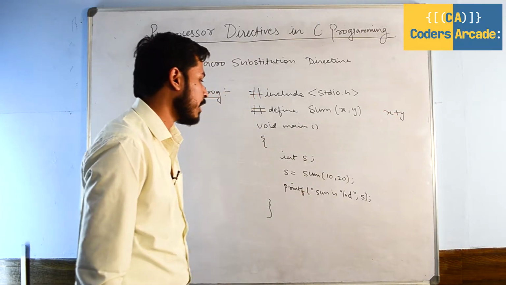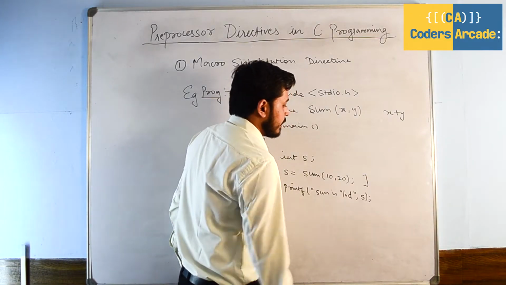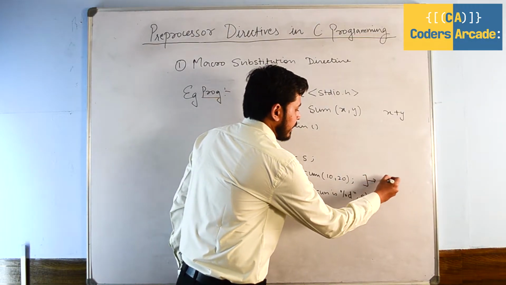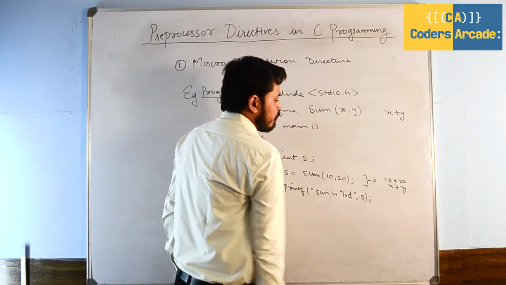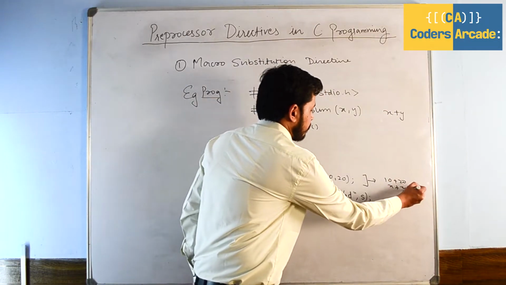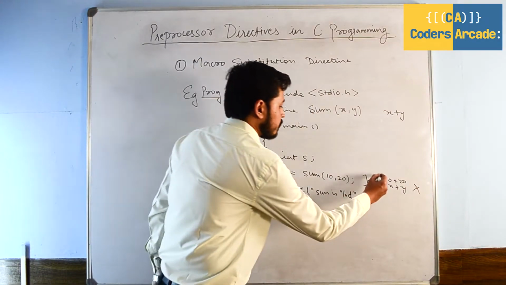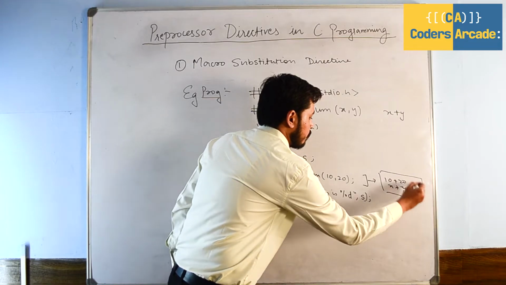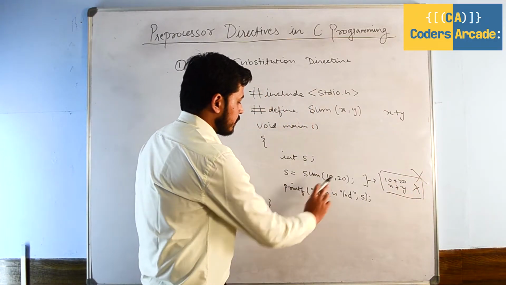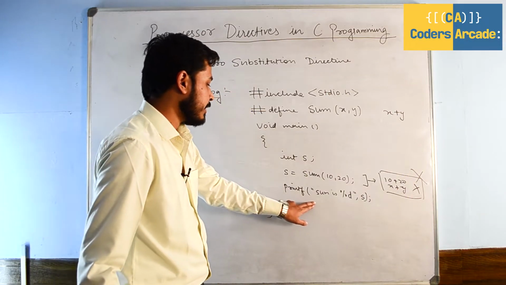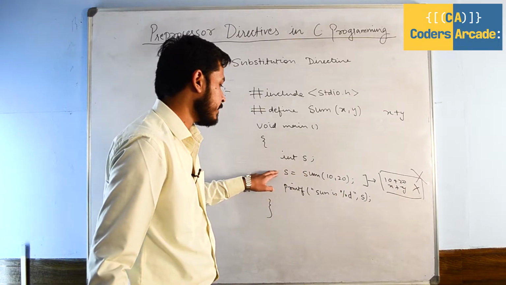So we don't have to write in this part of the program 10 + 20 or x + y. We don't have to write this. And then I'm just directly printing "sum is %d" and directly printing this s.